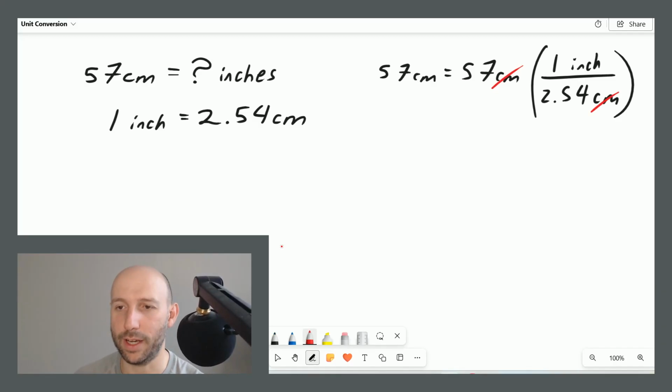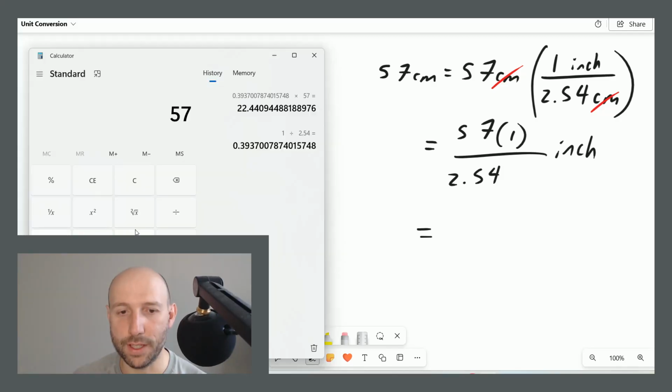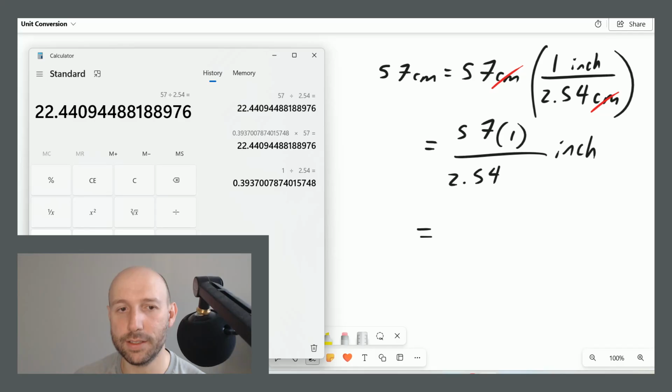That's what allows us to cancel out. And we are left with 57 times 1 divided by 2.54 inches. And that, of course, gives us 57 divided by 2.54 is 22.44.